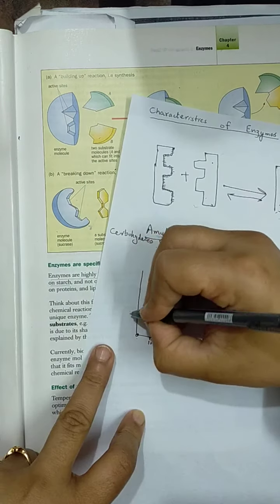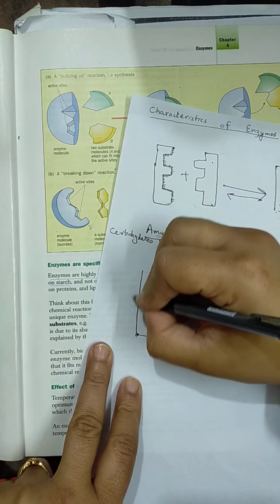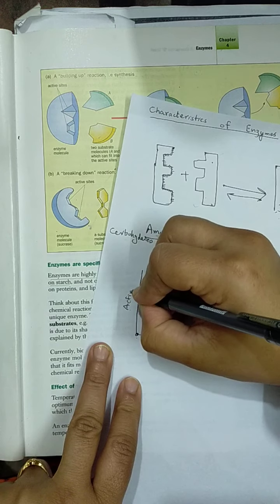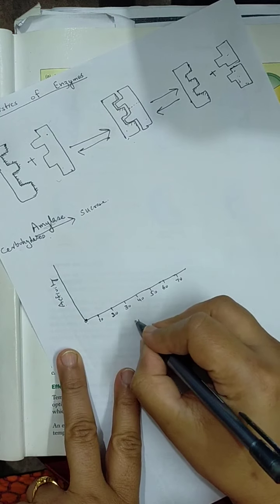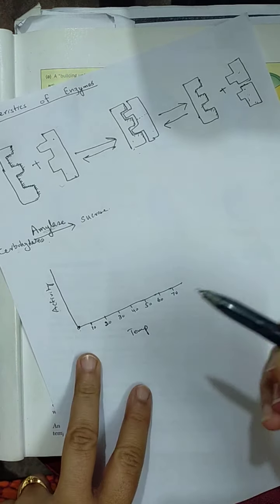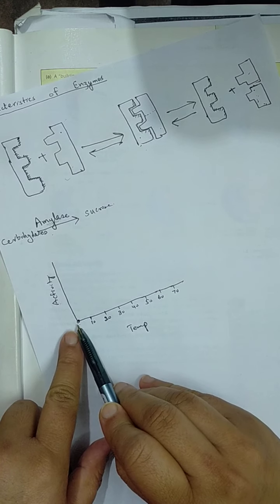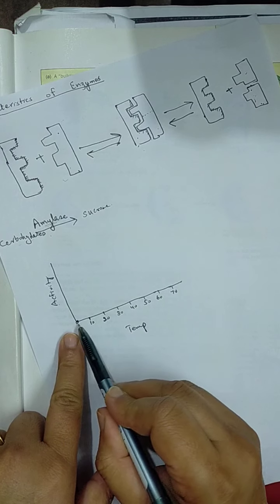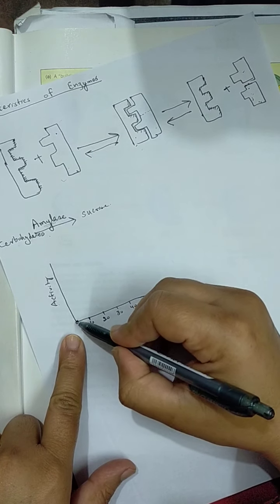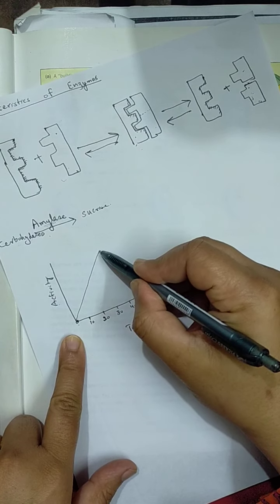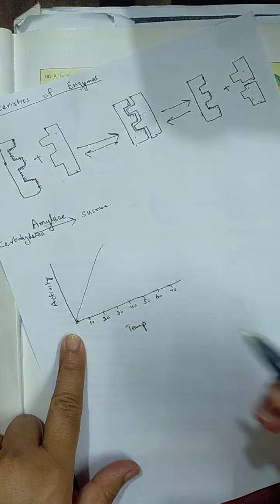Okay, for example, here we make a graph of activity, and here is temperature. Now this enzyme will work very slowly at low temperature. When we increase the temperature, the rate of activity will keep on increasing until the optimum temperature.